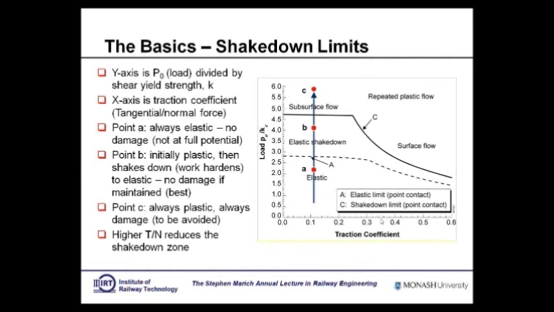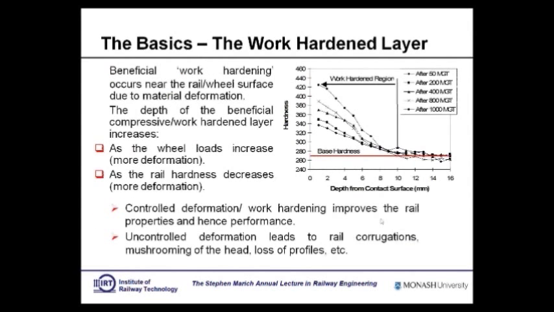For materials guys, this essentially means that in this zone, the material work hardens. And if you are nice to the material, you baby the material, you will see that by doing that, you can get, this is a normal rail, a standard rail, under 30-ton axle loads.